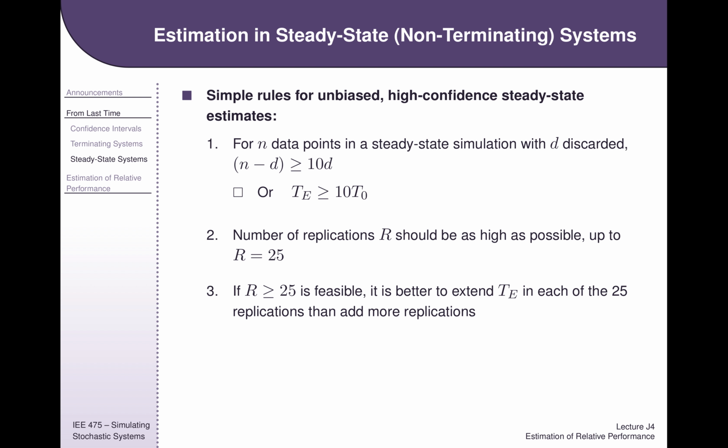So instead, if you have the computational budget where you can run more than 25 replications, then you're going to get slightly better performance by running fewer replications, but running every replication longer. So instead of increasing the number of replications, we're just going to increase the length of the sims in a very particular way.